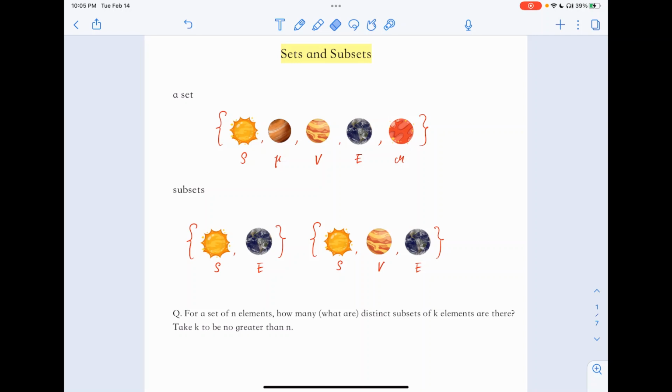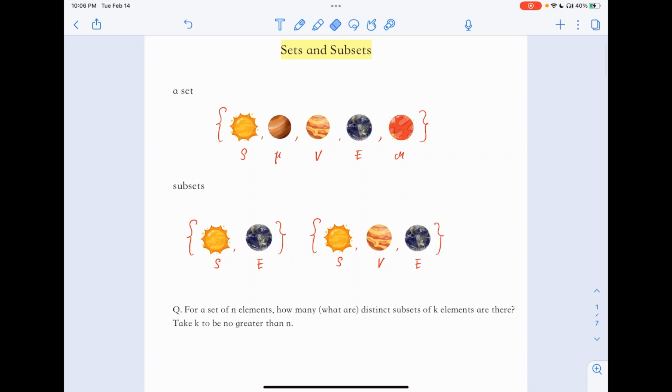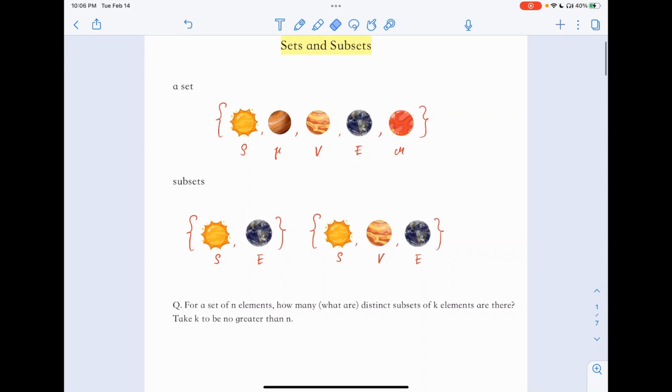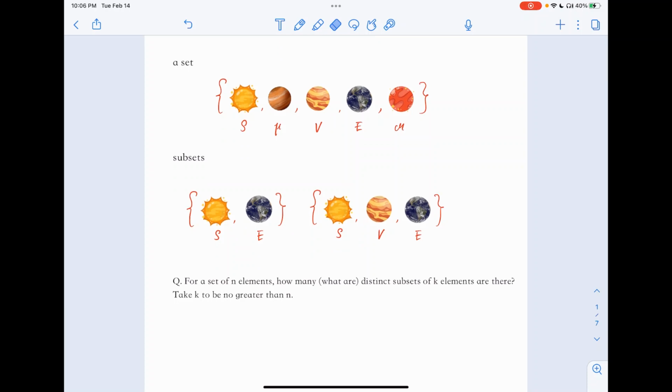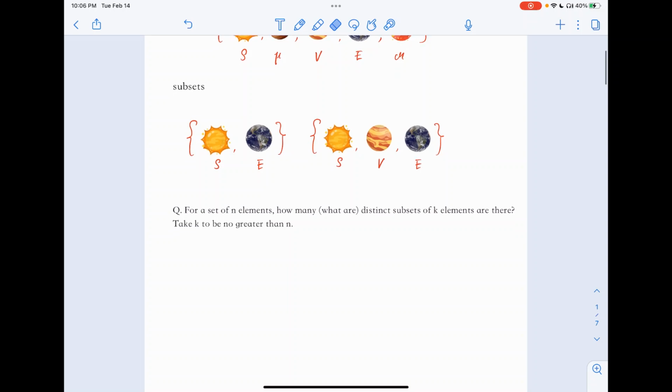Now, a subset, which is always defined in relation to a set, is a subcollection of the elements in a set. So it contains fewer or all, but definitely not more than the elements in the original set. So I can have a two-element subset consisting of, let's say, the Sun and the Earth in relation to this original set I defined above, or I can have a three-element subset, adding Venus in there.